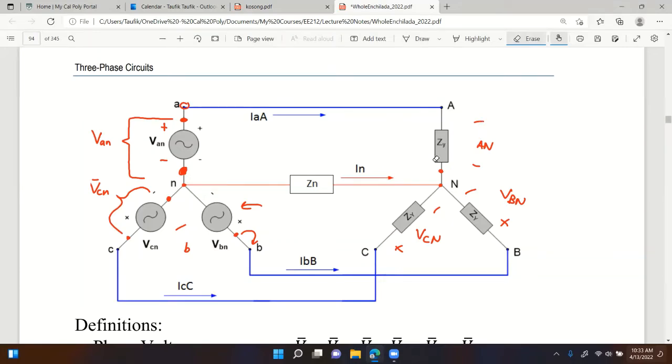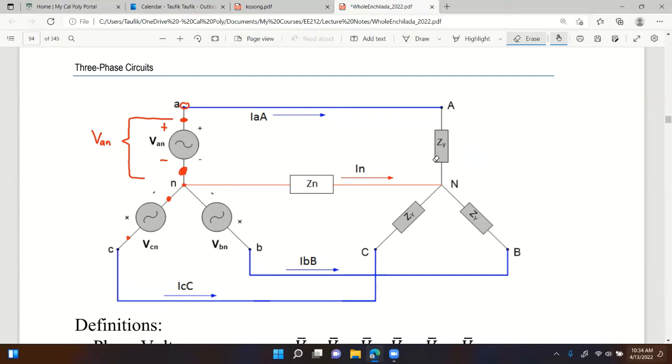Now, that's phase voltages. I have VAN, VBN, VCN. That one is relatively easy. Now, the other type of voltage, this could get confusing, is called line voltage. In practice, in the real world, that's what people call it, line voltage.